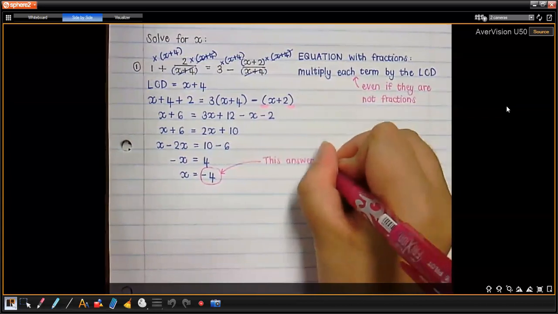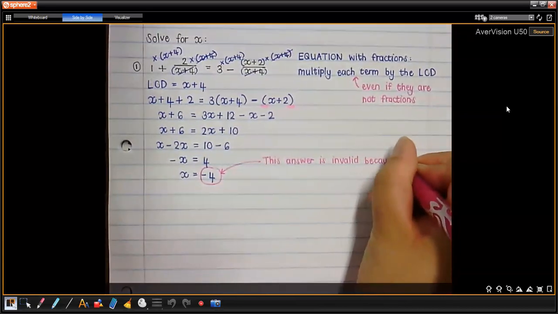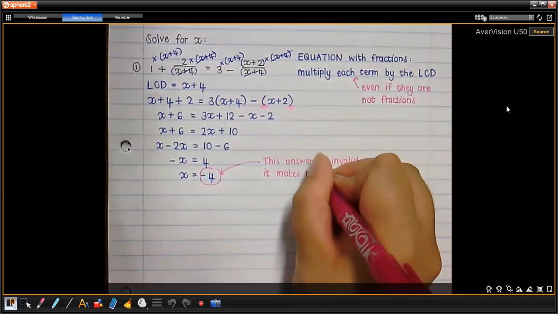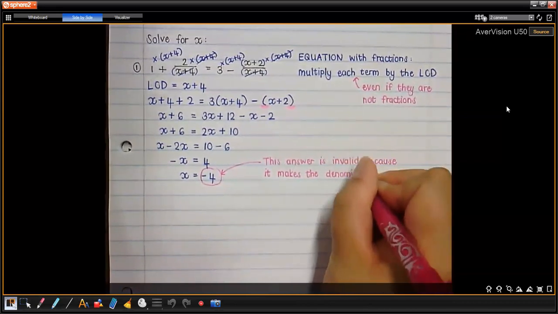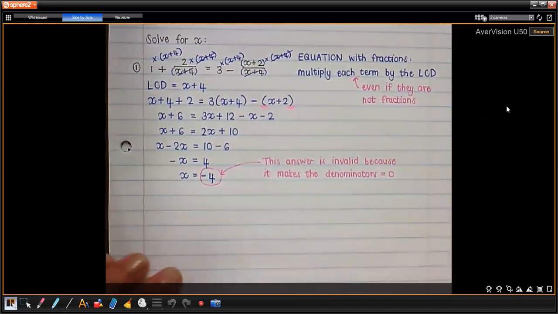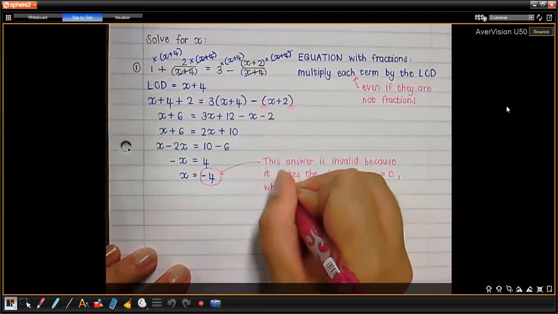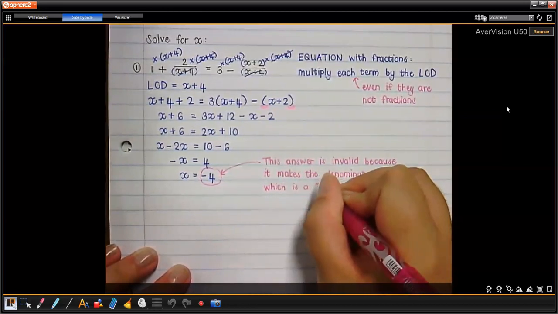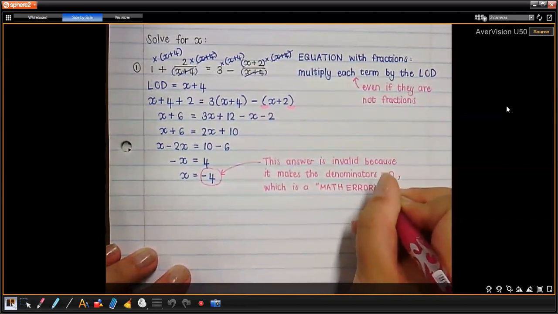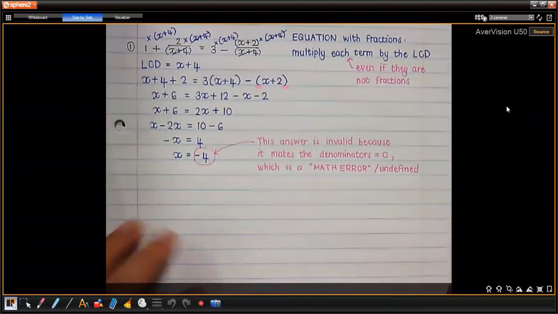This answer is invalid because it makes the denominator equal to 0, which on a calculator is a math error, but we actually say that it's undefined. You might remember that term from last year.